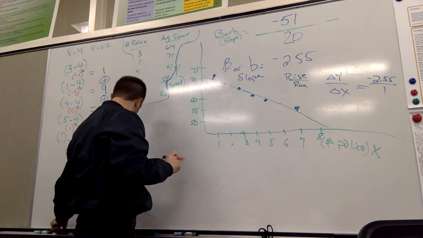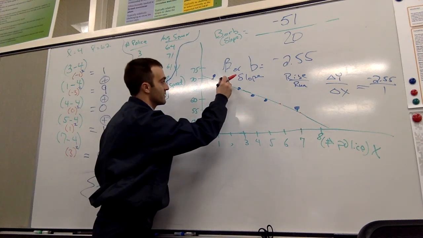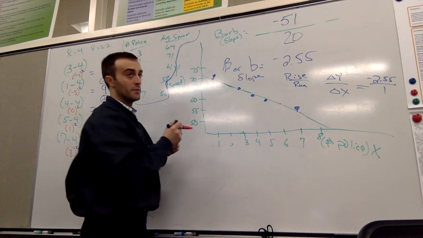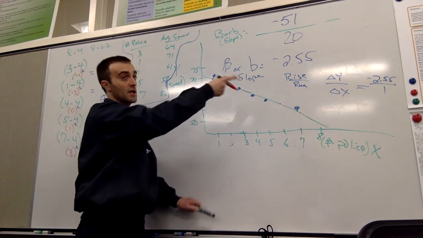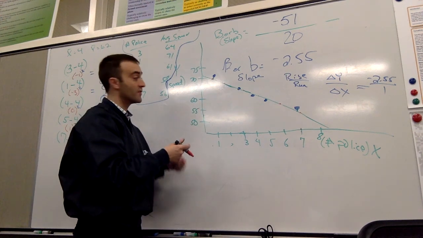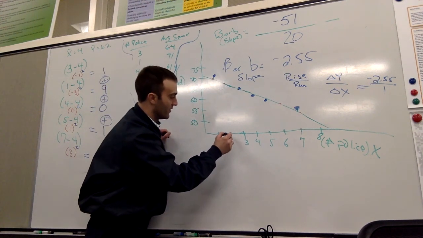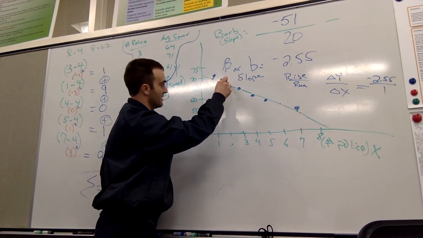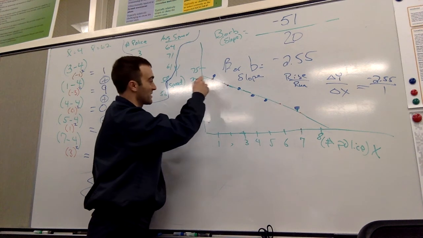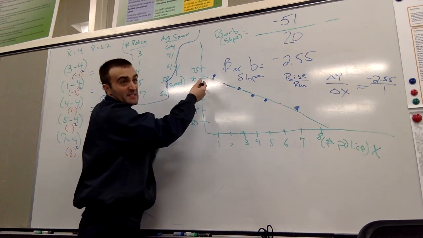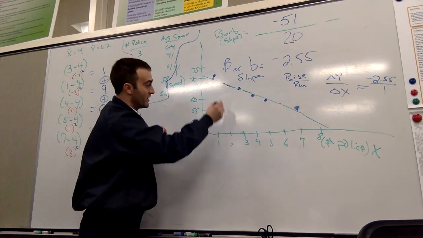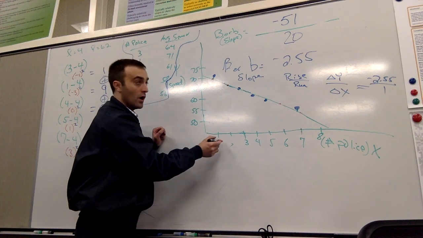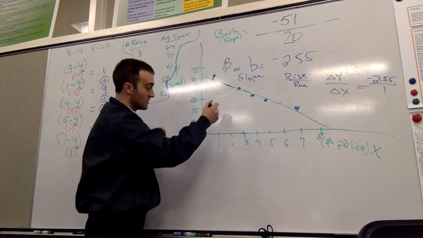The green line is our best fitting line, our prediction line. We've got a slope of this line, negative 2.55. So for a value of 2, the value of 2 hits our prediction line somewhere, I don't know exactly, something like 66. If we go from 2 to 1, that's a 1 unit change in x.